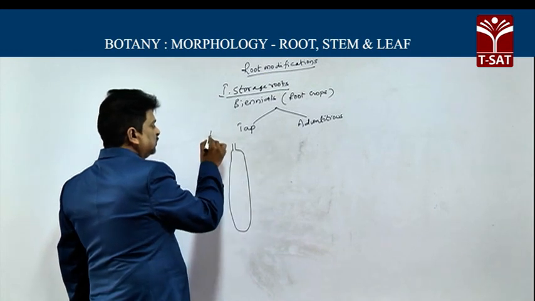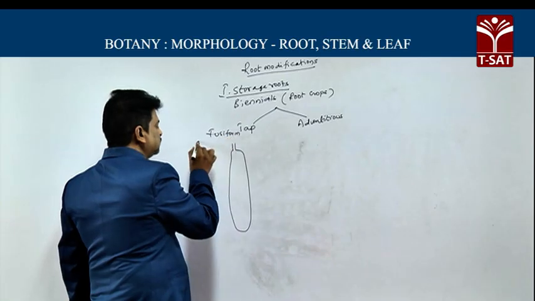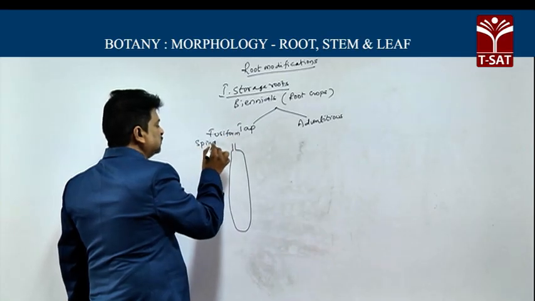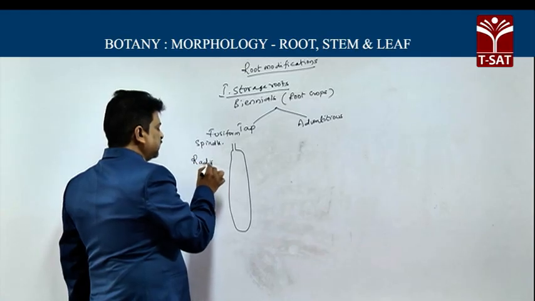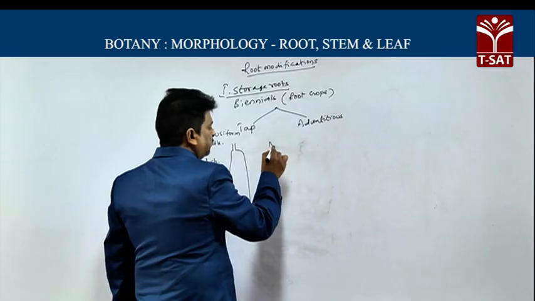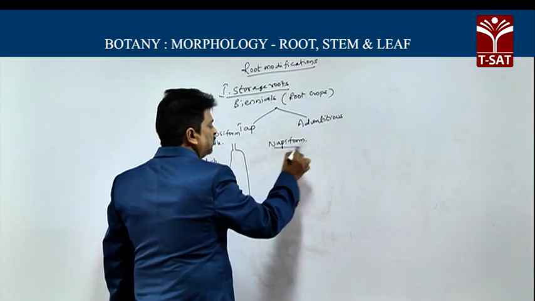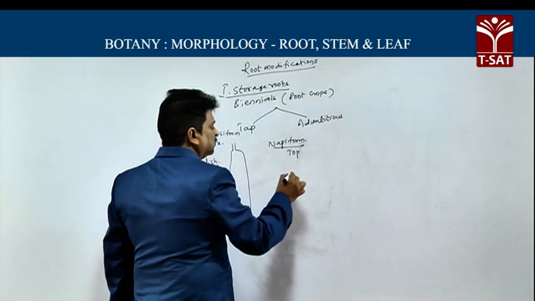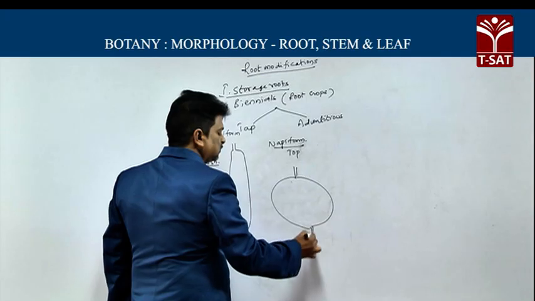Among the 3 types, one is fusiform. Fusiform means spindle shaped. Example for spindle shaped, radish. Then the second one, napiform. Napiform means top shaped.